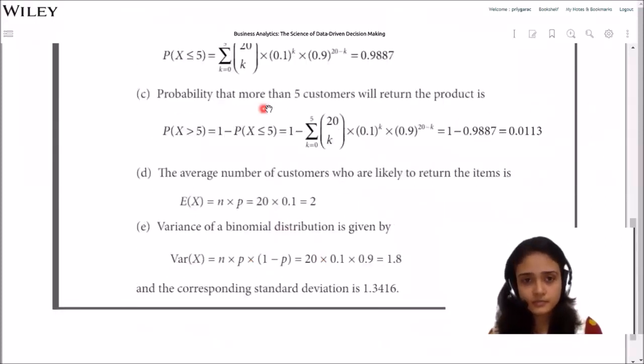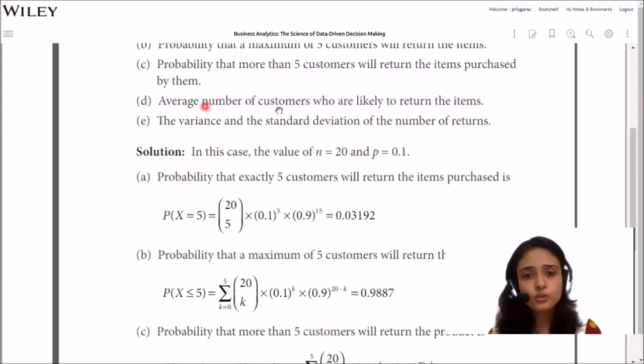So I get 1 minus 0.9887, and I got the answer as 0.0113.